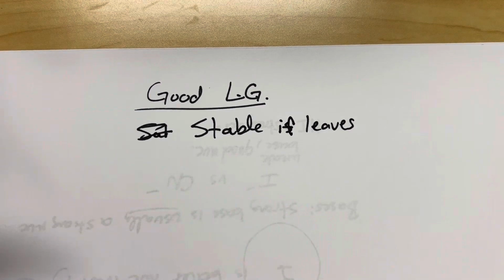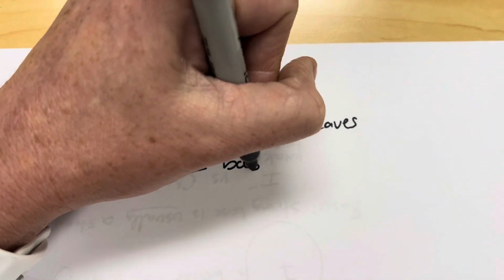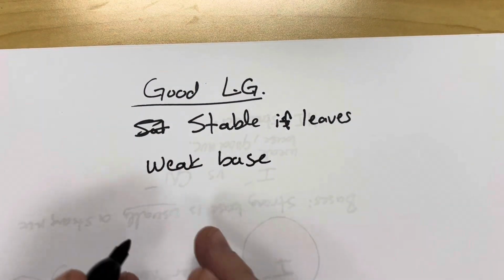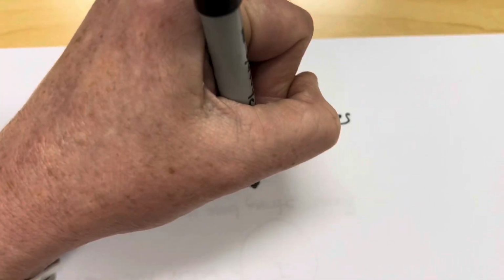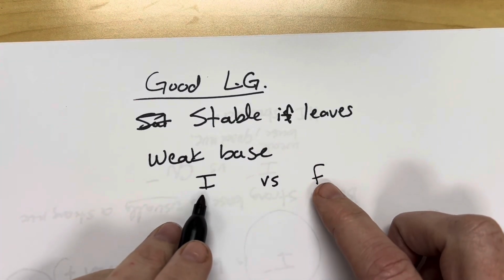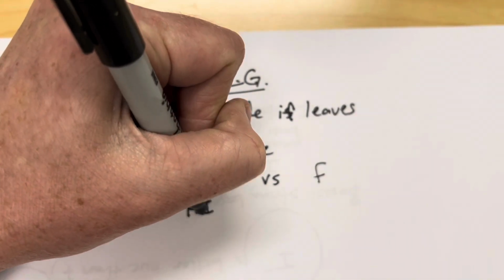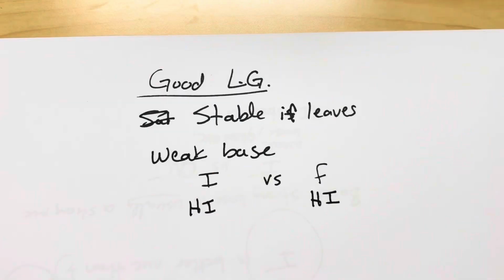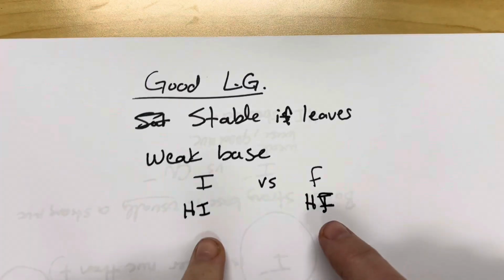Another thing that makes it a good leaving group is if it's a weak base. So you look and see, is it a conjugate of a strong acid? An example of that would be I versus F. If we look at these two things and ask which one is going to be a better leaving group, you just pair them with their conjugate acids, HI and HF, and you say which one of these is a stronger acid.